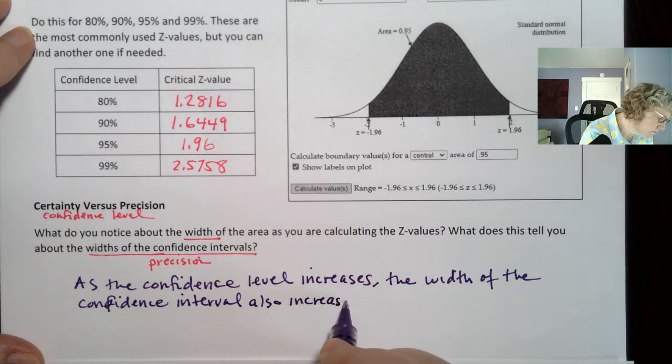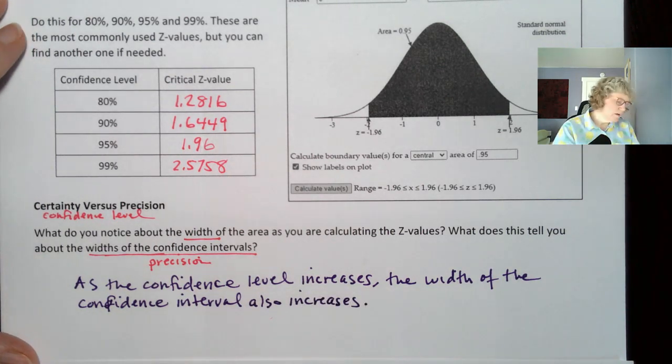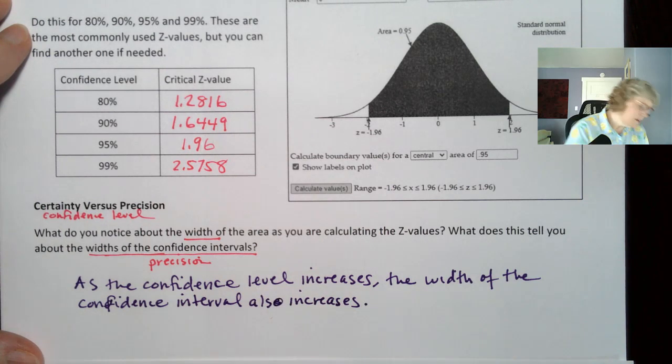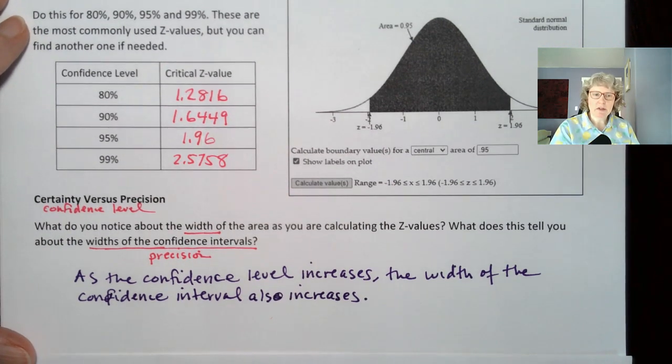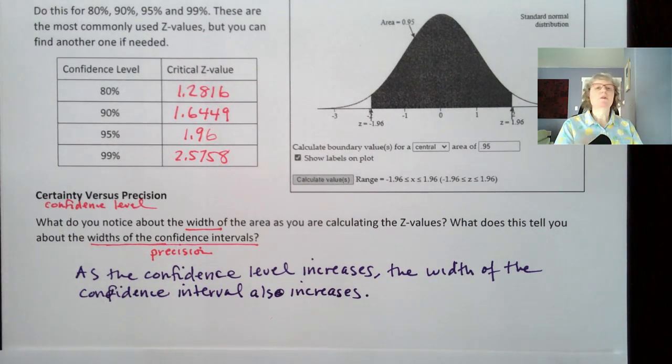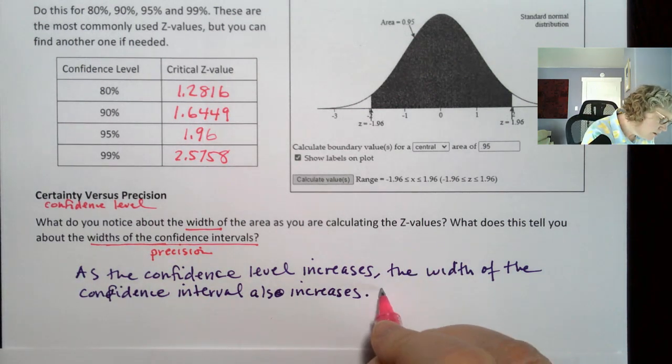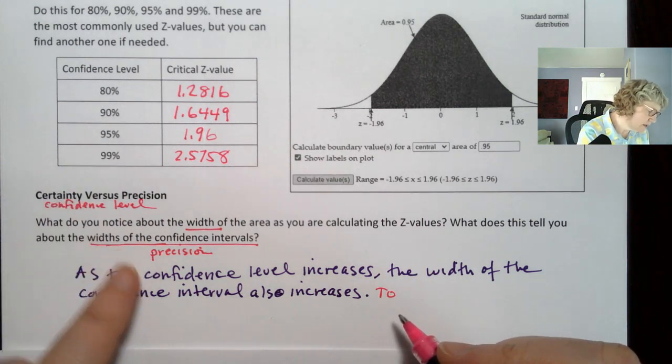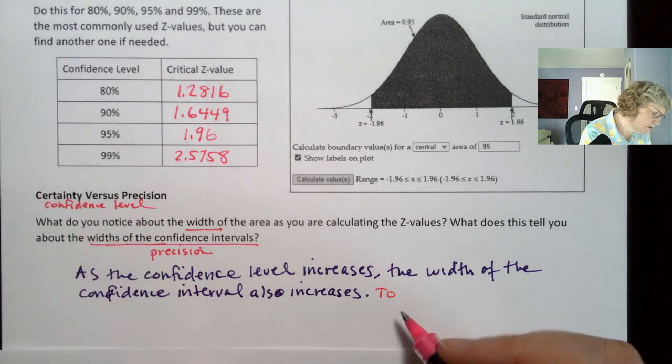Okay, so there's a few different ways of thinking about or explaining that. One analogy we've used before is catching a fish. To be more certain, we need to have a larger net, right? To be more certain of capturing the true proportion, we need to have a larger net. So I'll write something like that. And now we'll use the certainty versus precision.